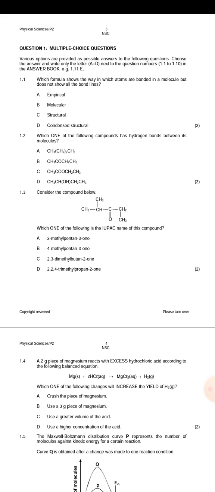1.2, which one of the following compounds has hydrogen bonds between its molecules? That shouldn't be difficult. We know that hydrogen bonds are only found in what? Alcohols and carboxylic acids. Okay, so there we are going to look for a carboxylic acid or an alcohol. So A, well, A is only single bonds.